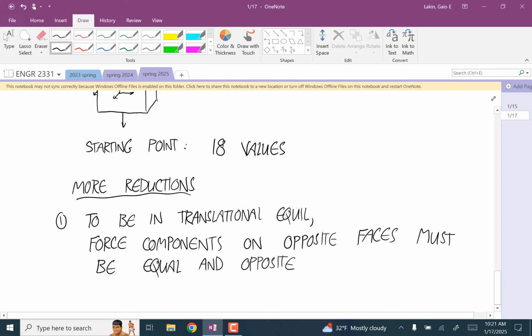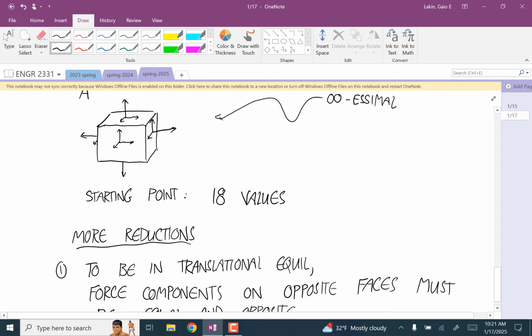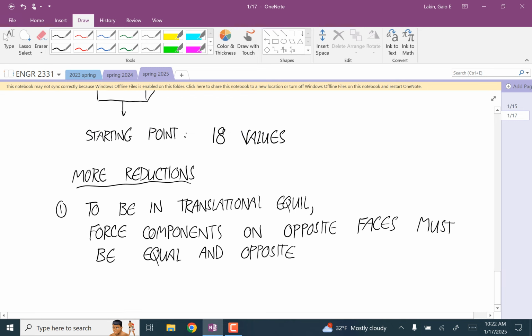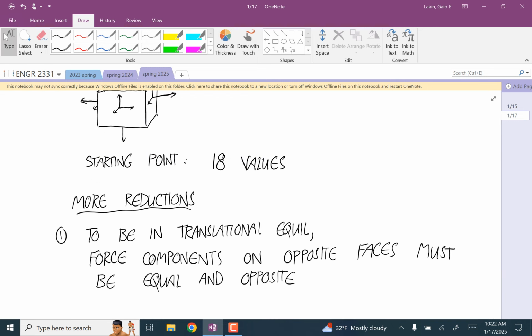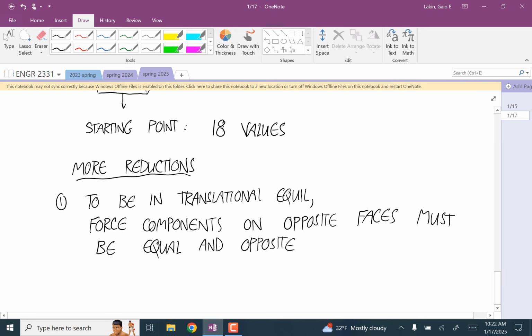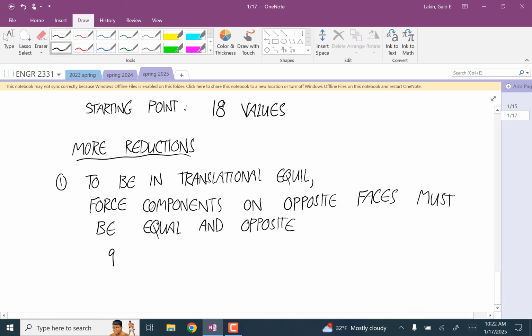Okay, we're not going to go through a proof of that, but I think everyone can agree it's plausible. If you have this one that's pointing to the right, if that's big and the one pointing to the left is small, this thing's going to accelerate. Okay. And so, how much does that cut the number of values down that we need to define this? In half, exactly. So now we're at 9 values.